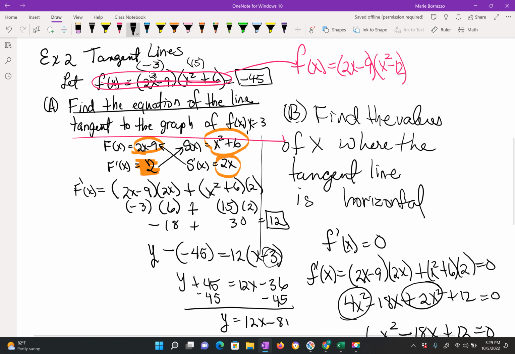How did you get the 45? Plug in the 3 into the equation. So 2 times 3 is 6, minus 9 is negative 3. And then 3 squared plus 6, that gives you 9 plus 6, which is 15. Negative 3 times 15 is negative 45.